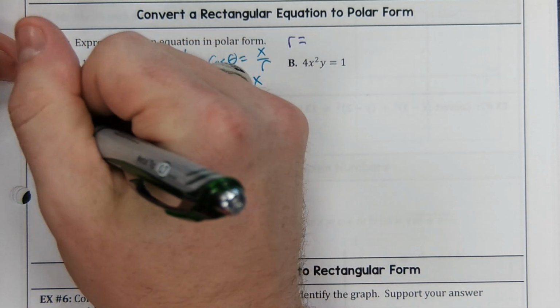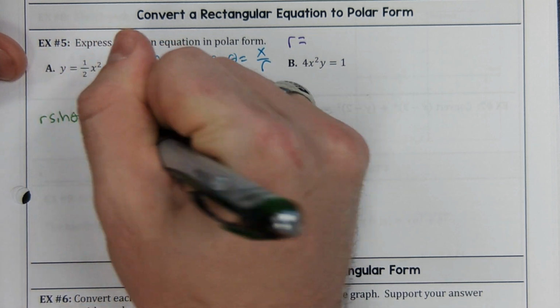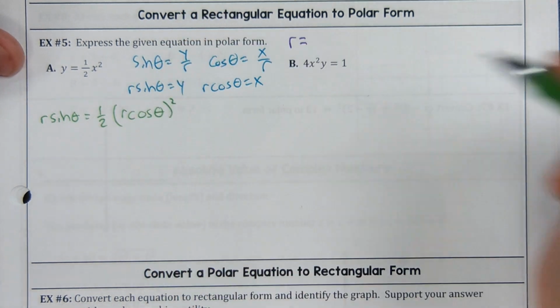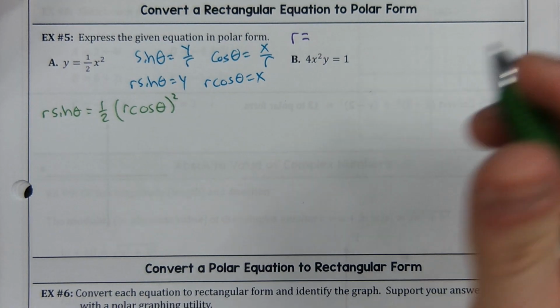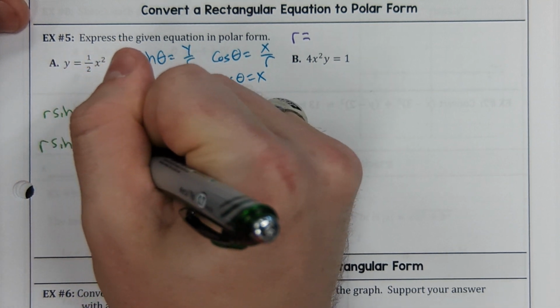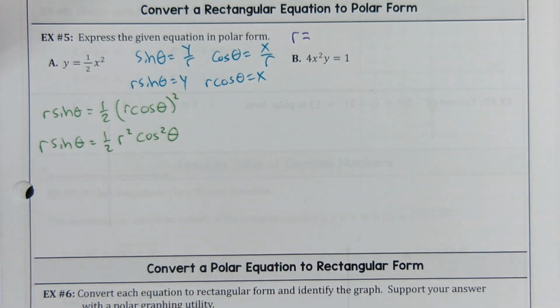It gives me r sine theta equals 1/2 r cosine theta quantity squared. There. We are trying to get r by itself. And just so you know, r can't be 0.